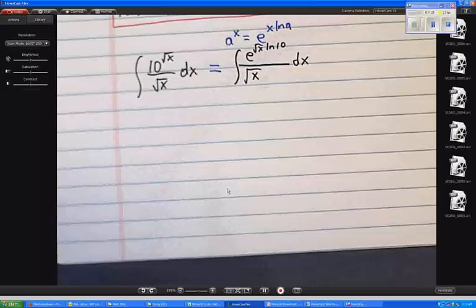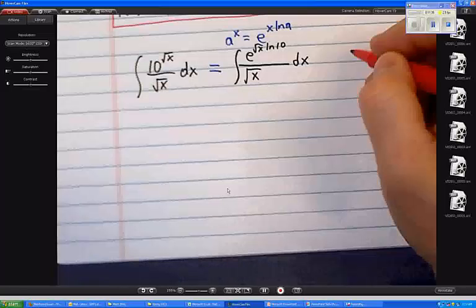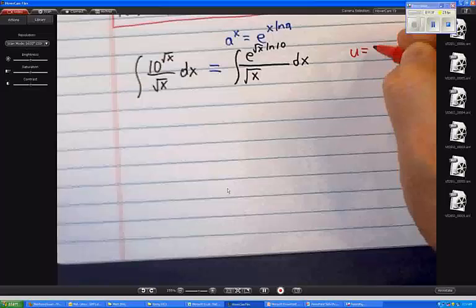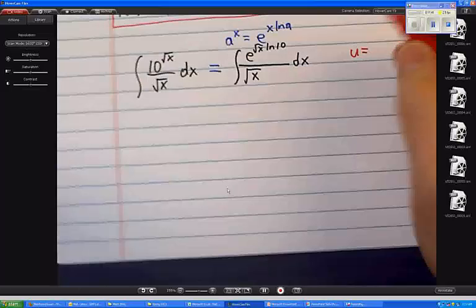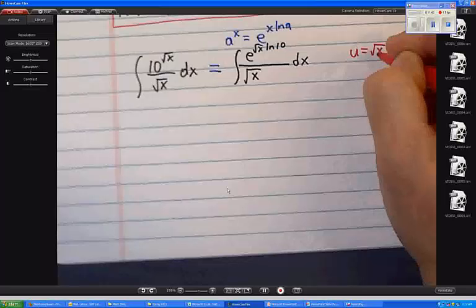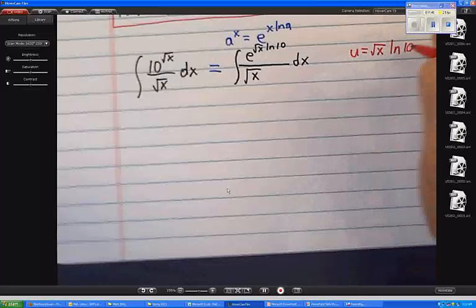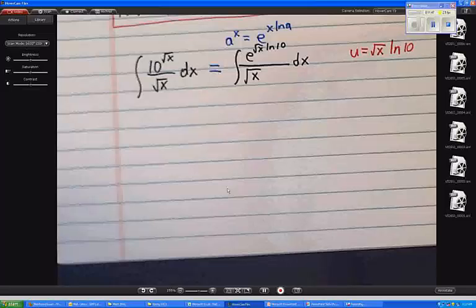Wow. Well, I have some work to do. Any hunch on what I might want to let u equal for my substitution? Yeah, let's make it the whole thing. Square root of x times ln 10. In other words, I could rewrite that.